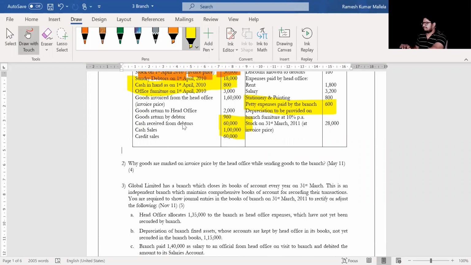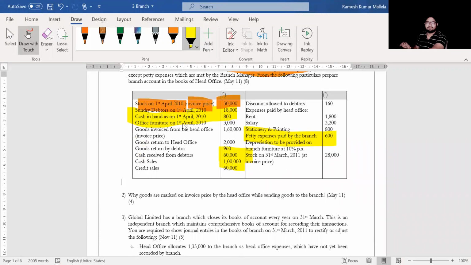That means the weightage given for branch accounts alone is 12 marks. So that's the importance of this particular chapter. On an average, you can see at least 6 marks to almost 16 marks are possible from this chapter. Let's move ahead to the next question.